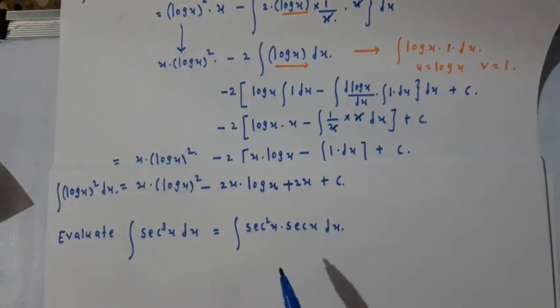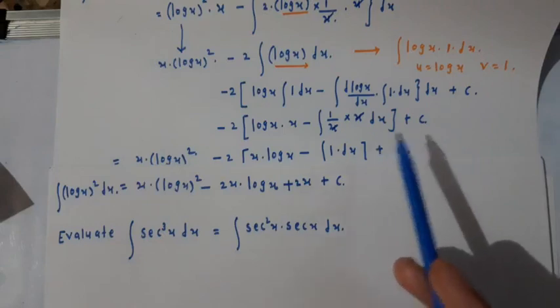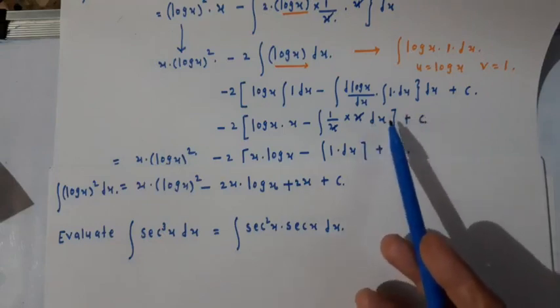In this case, which is the u function and which is the v function? Students, in the integration by parts theorem, I have explained that the v function is the integrable form and the u function is differentiable. That's why we take the differentiation of the u function and the integration of the v function.